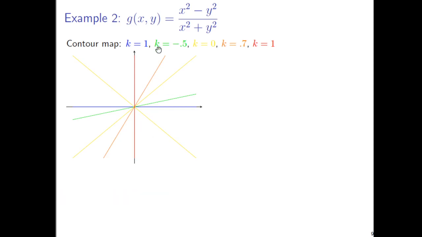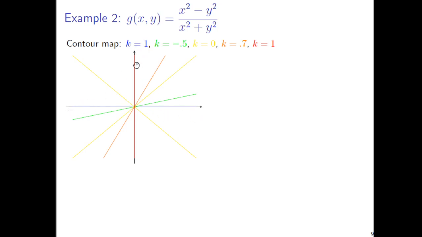Looking at another example, this is the function g of x comma y equals x squared minus y squared over x squared plus y squared. Now, if you were to graph level sets here, all the points where the output is 1 happen to be all along the x-axis.